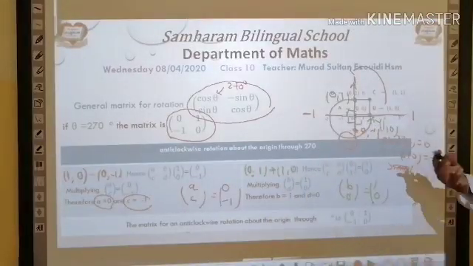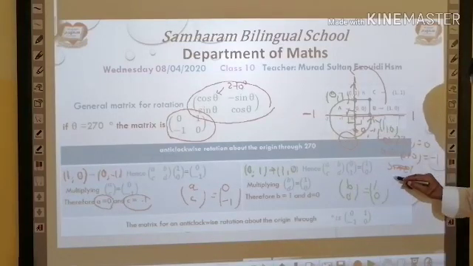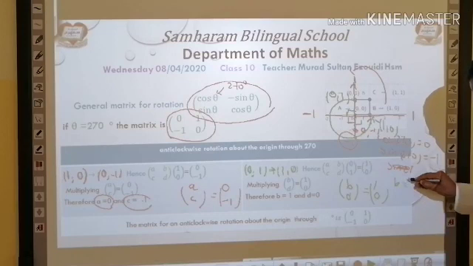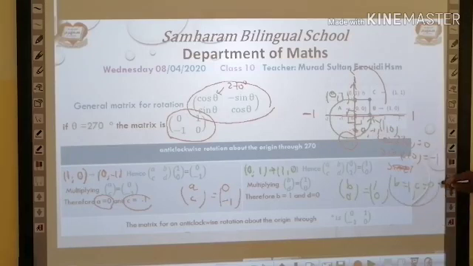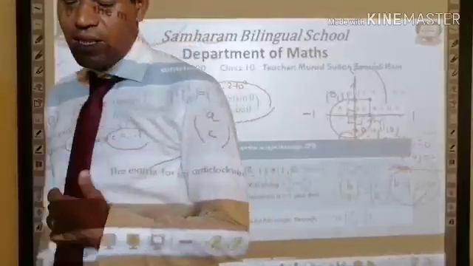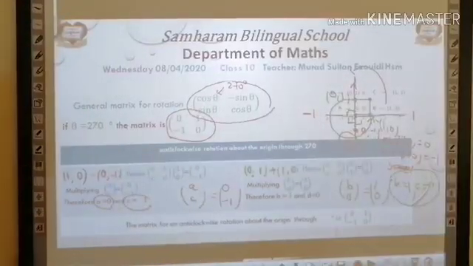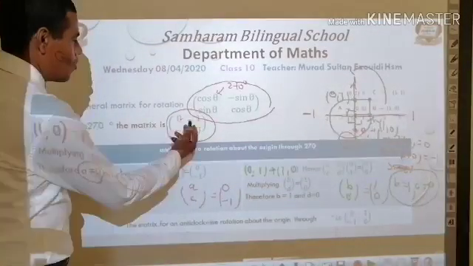So just equating their corresponding entries means B equals 1 and D equals 0. Okay, so I have now found my matrix for rotation about the origin through 270 degrees counterclockwise, and I will write it here, which is 0, negative 1, 1, 0.